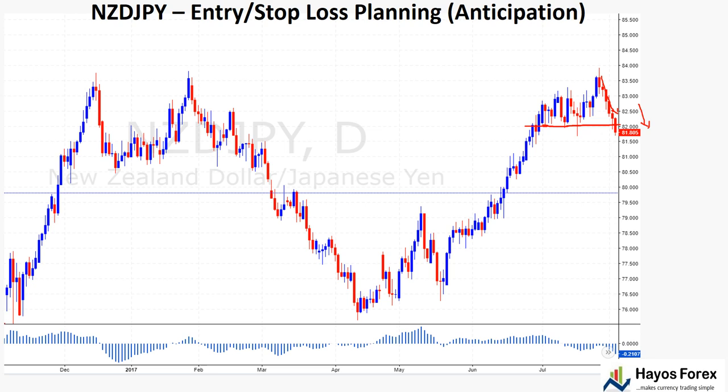Now I need to look for the stop loss and where to take profit. What I see before in the price chart is that this particular level acted as a resistance the moment price went down.